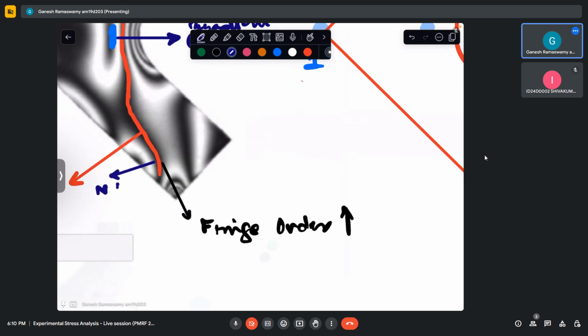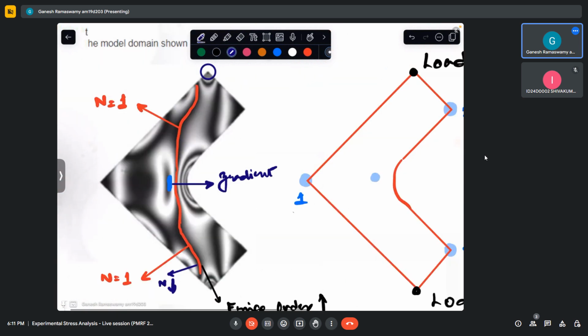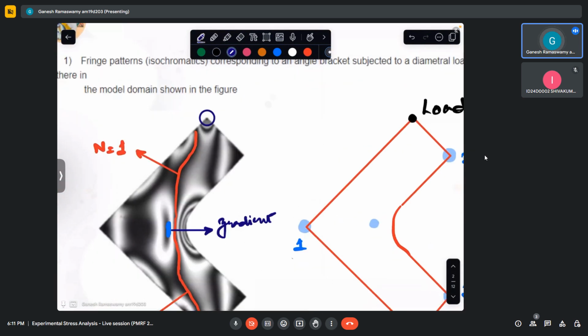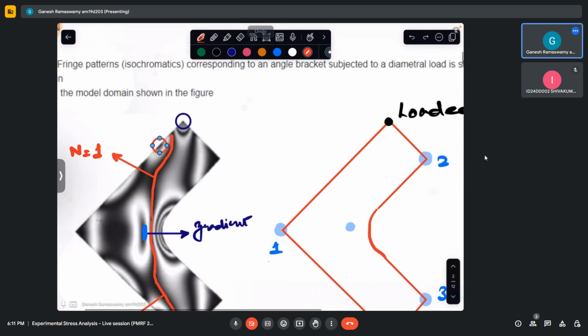With that in mind, this red one is fringe order 1, hence we can conclude that the fringe order we see at that surface is actually fringe order 0.